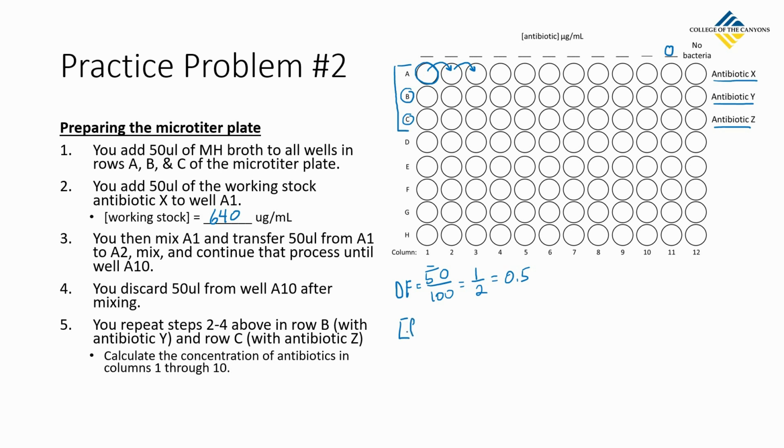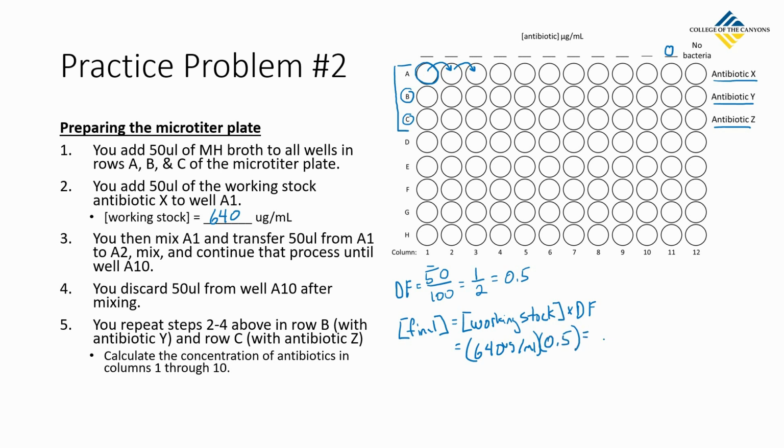So the final concentration, the concentration in well A1 in this case, is the working stock concentration times the dilution factor. Well, the working stock concentration is 640 micrograms per mil. The dilution factor is 0.5.